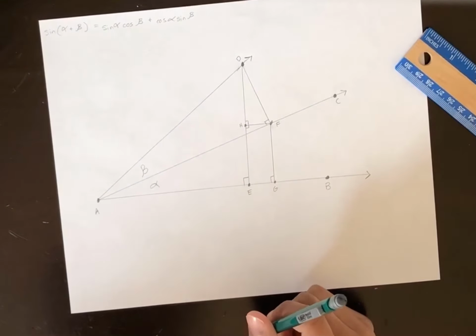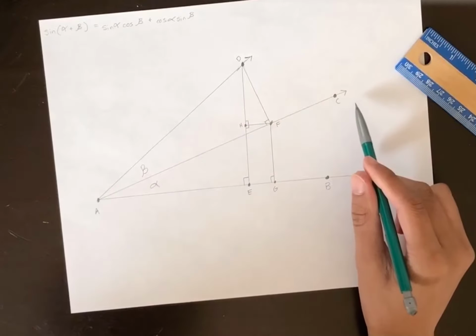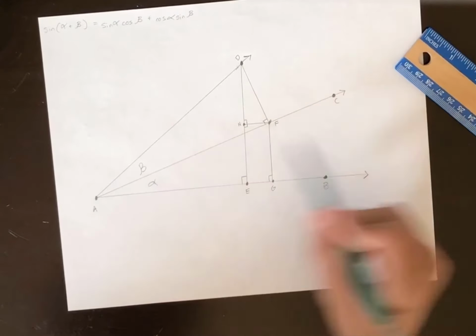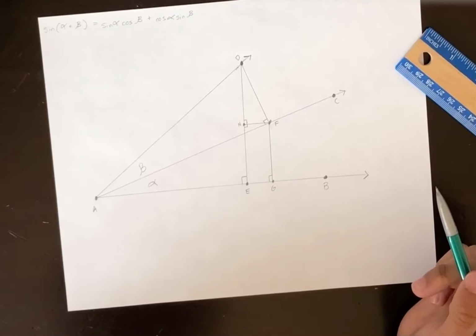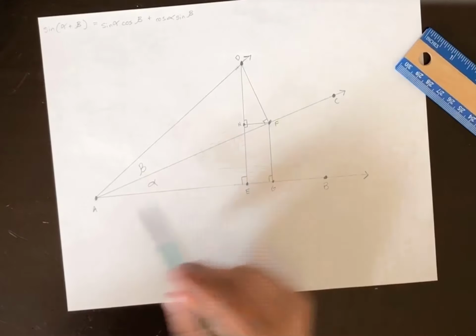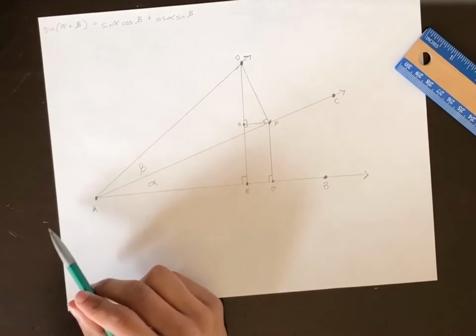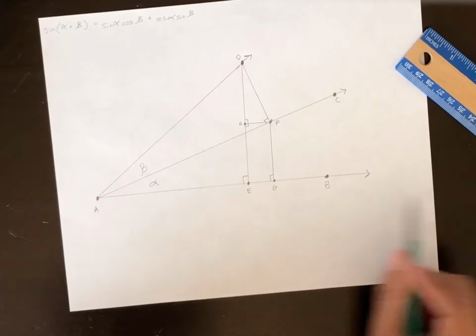And then you also want to notice that the line, or the ray, or you could say segment if you're stopping at C, AC is transversal to HF and AB.